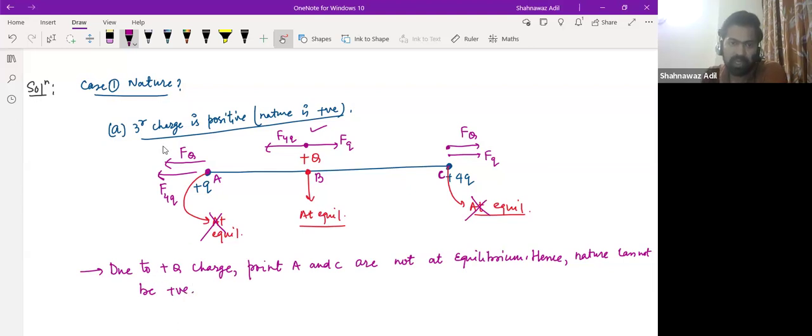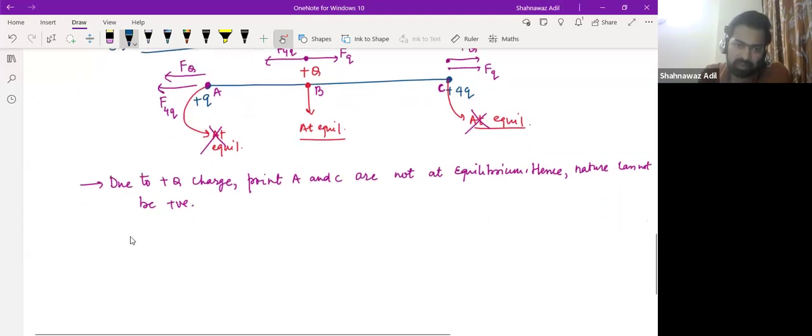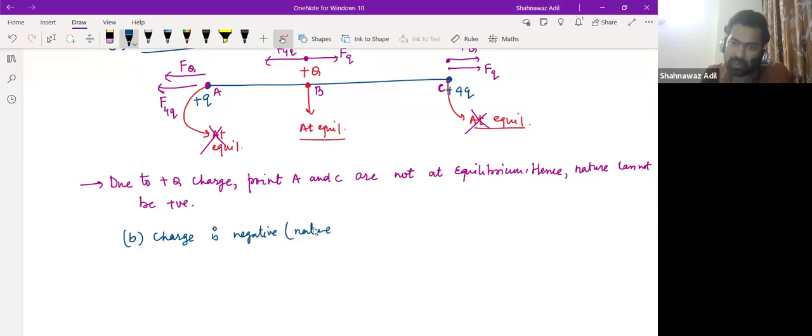Yes, sir. So let's talk about the second case then. Let's talk about B, the part where the third charge is negative, which means that the nature is negative.